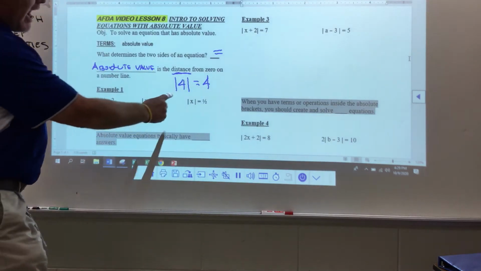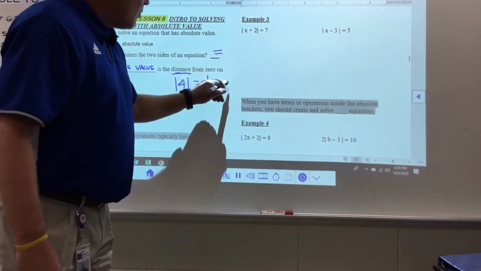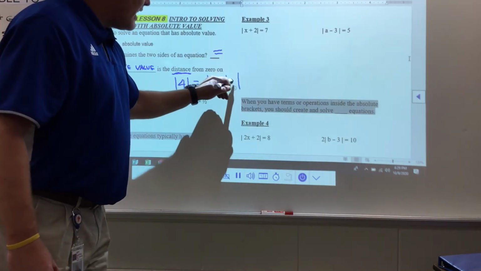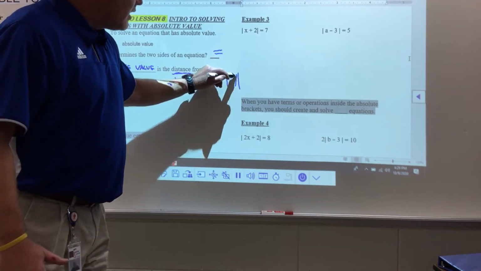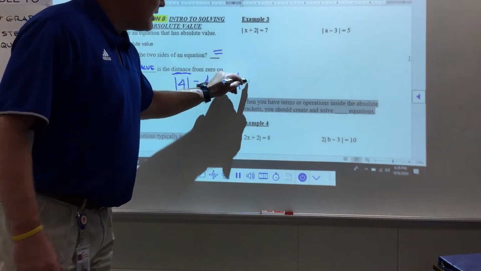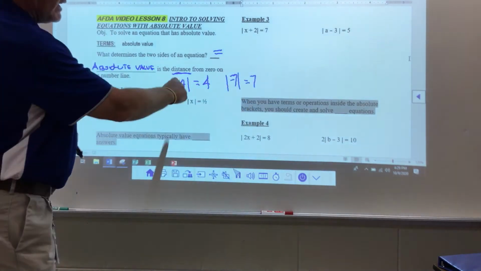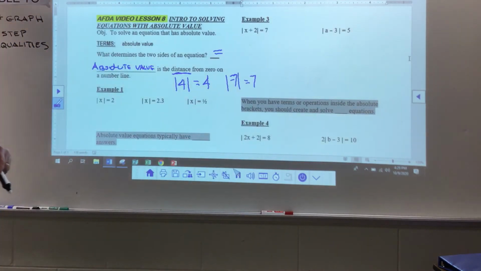So we're asking, how far is 4 from 0, let's say, on a number line? Well, how about if we had negative 7? How far is negative 7 from 0 on a number line? Again, distance, that's going to be positive 7. So anytime a number comes out of absolute value, it's always going to be positive.